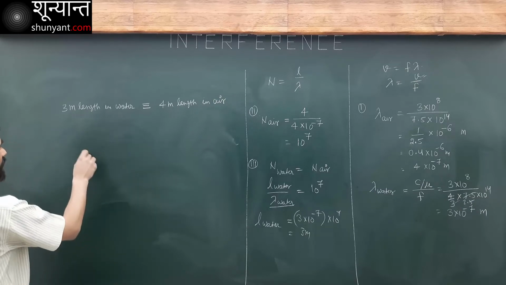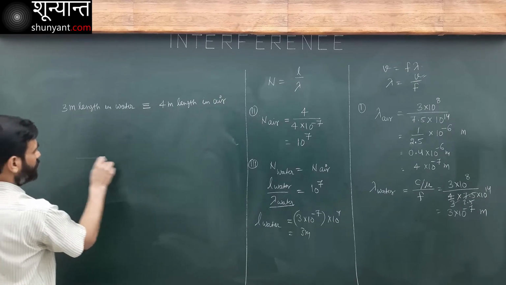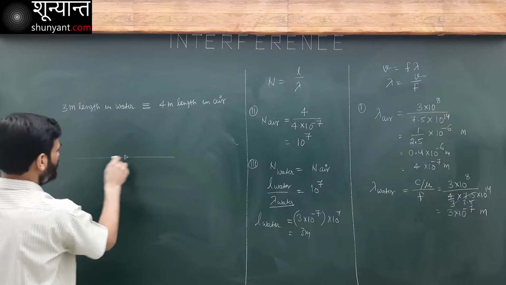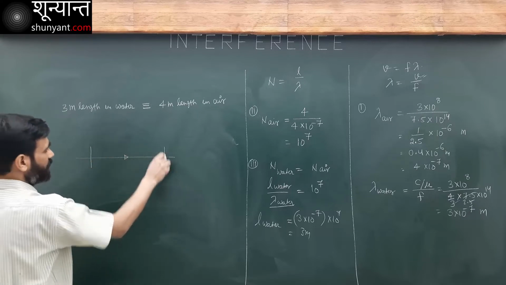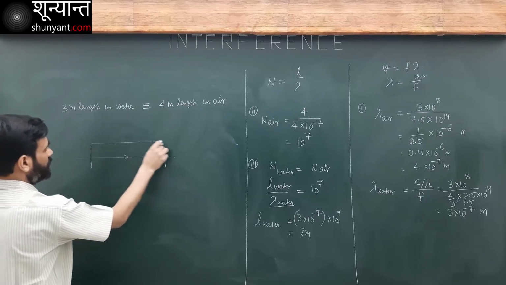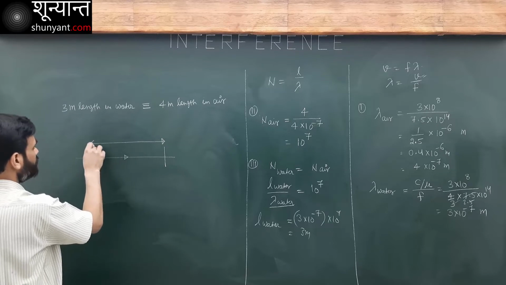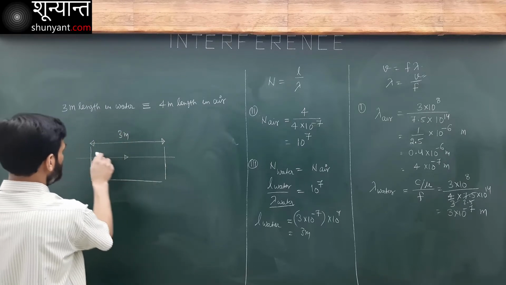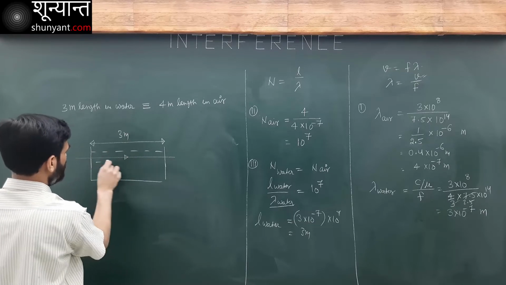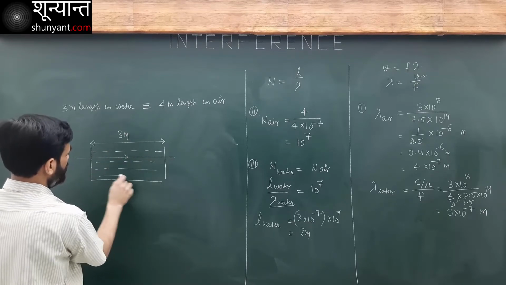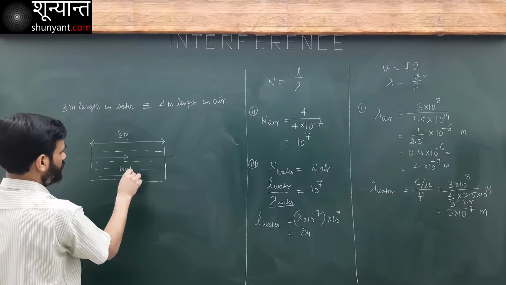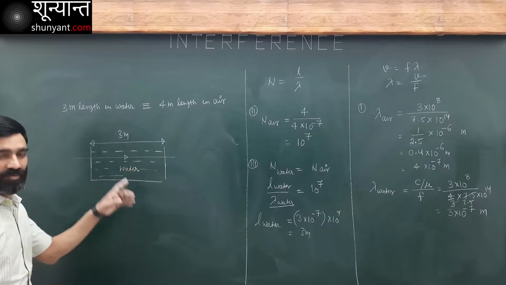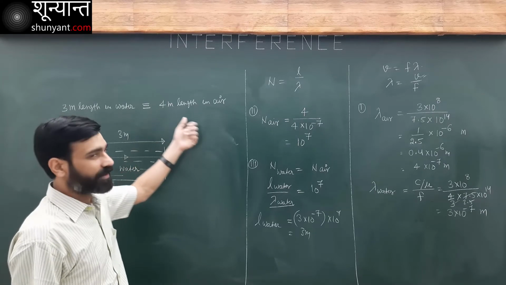That means if I have a light wave which travels 3 meter in water, in that case it will be equivalent to traveling 4 meter in air.